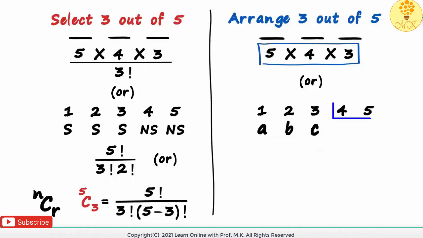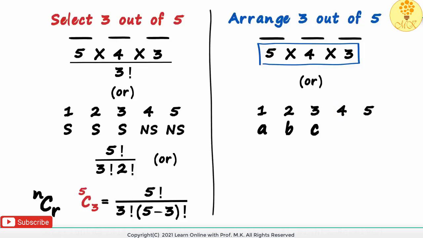And what about the two objects that are not selected? Should each of them be put in different categories? No, they should be put in the same category. If these two are not selected, we can say that 4 and 5 are not selected or 5 and 4 are not selected. It doesn't matter, they mean the same. Both are not selected.